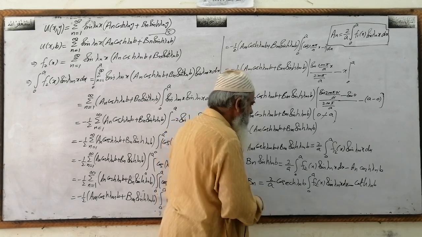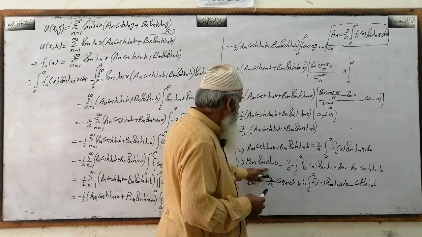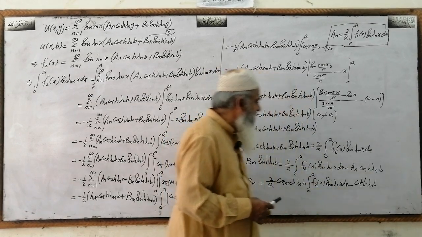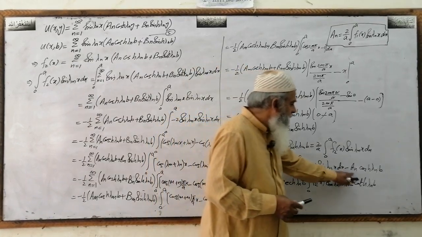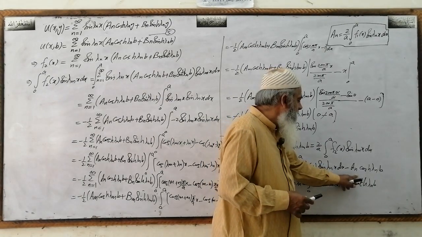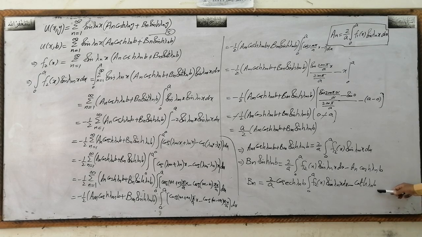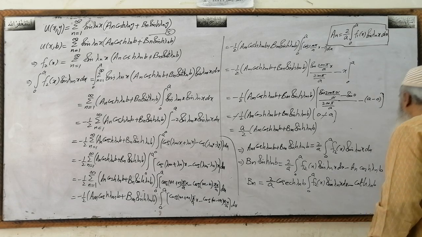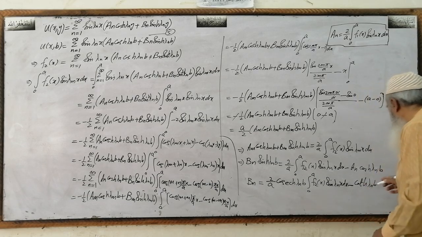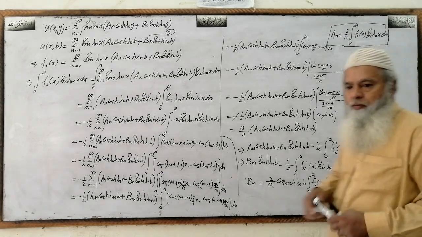and obviously we have to place here constant an as well. And now we are not placing the constant an here, we are placing the value of the constant an here. What is that? That is 2 over a integral of this thing.